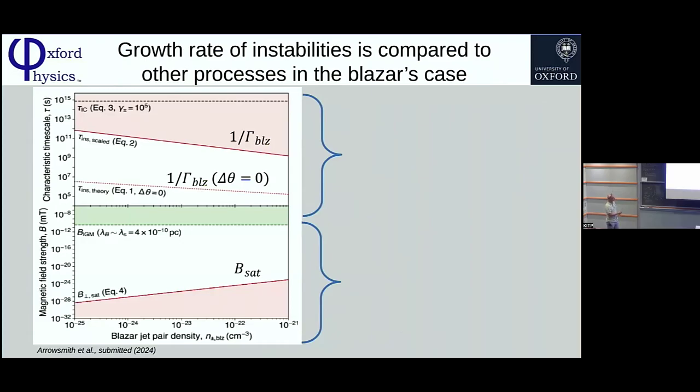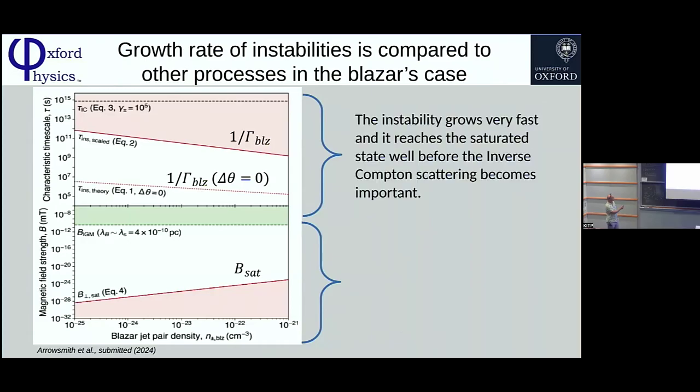So the first thing that you look at is the top plot here, which tells us that the instability grows, even if in the experiment it was small, it's still very fast, and in this case here it is still very fast, and the magnetic field becomes saturated even before inverse Compton plays a role.